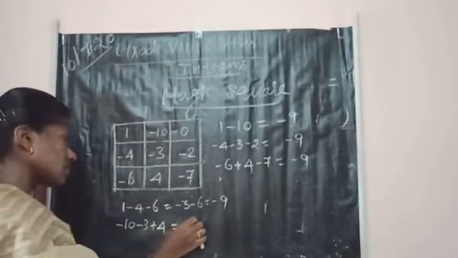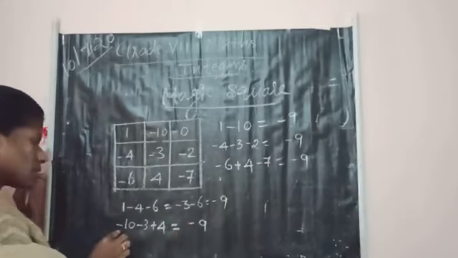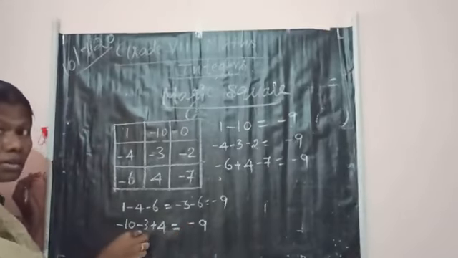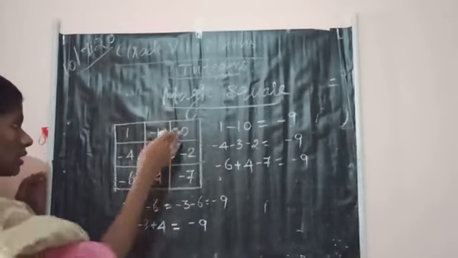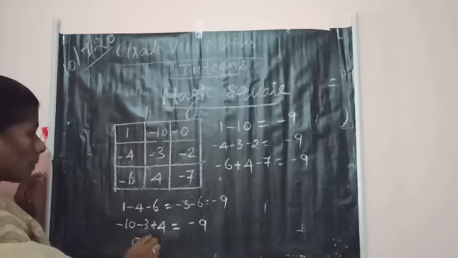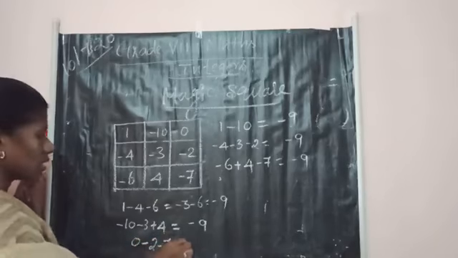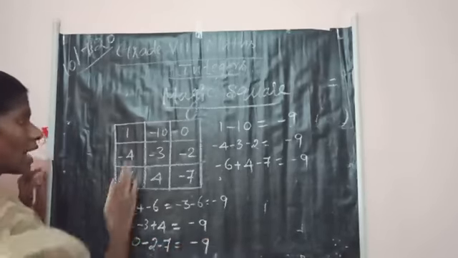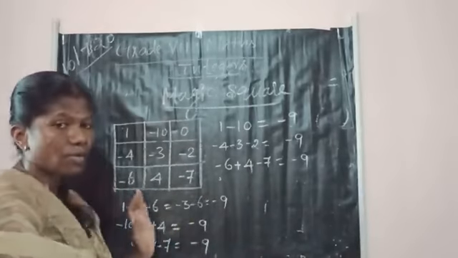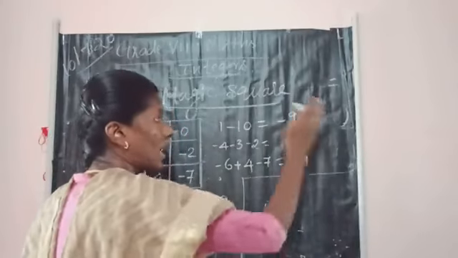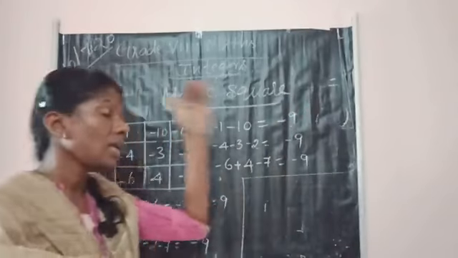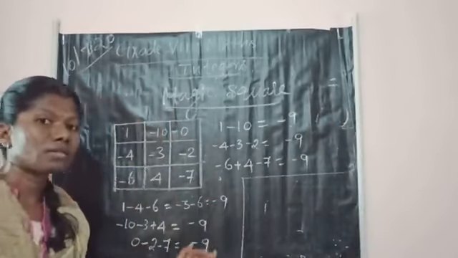Minus 10 minus 3 is minus 13, plus 4 is minus 9. The third column is 0 minus 2 minus 7, that is minus 9. When you add these columns, you get the same value, minus 9. So the value of the rows is minus 9, and the value of the columns is minus 9.